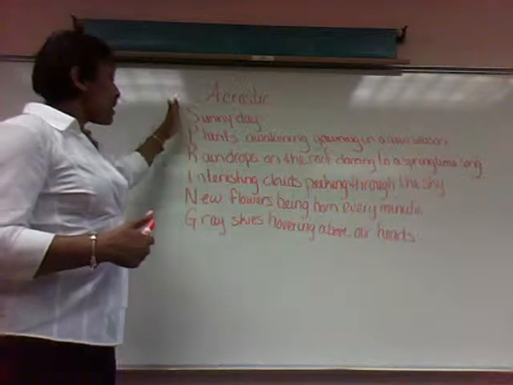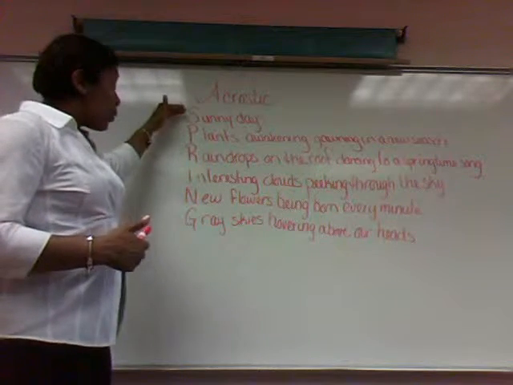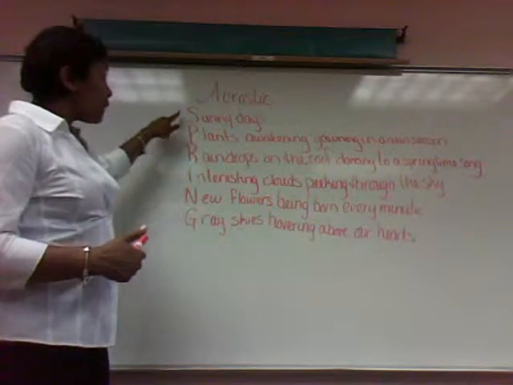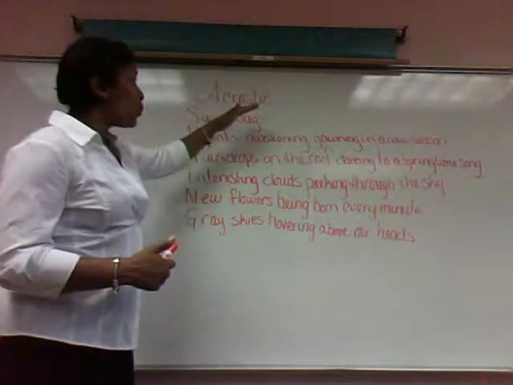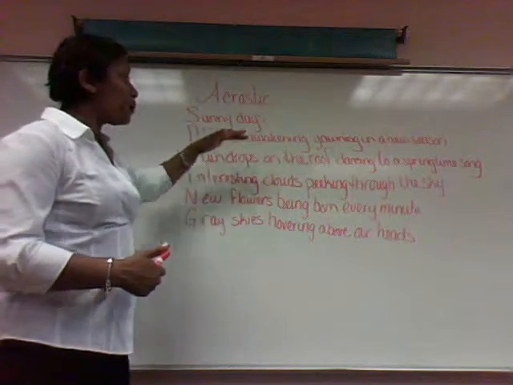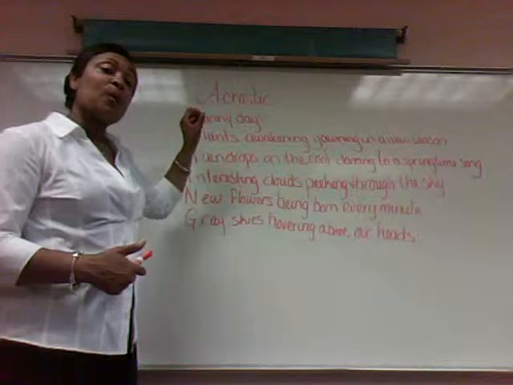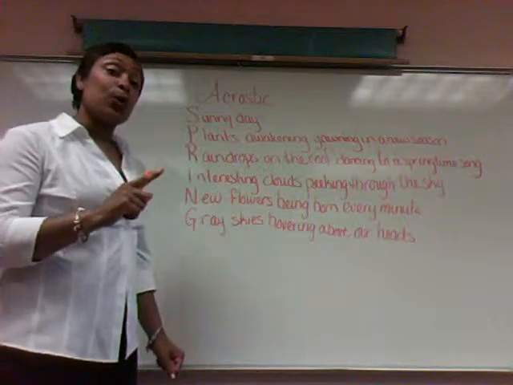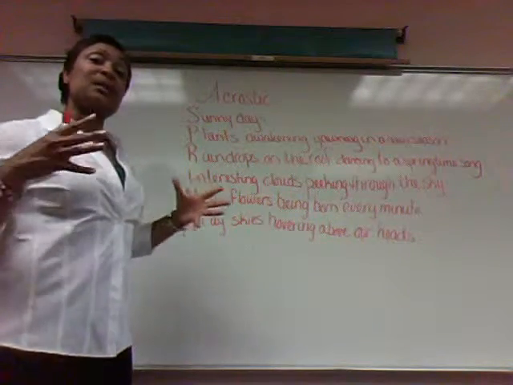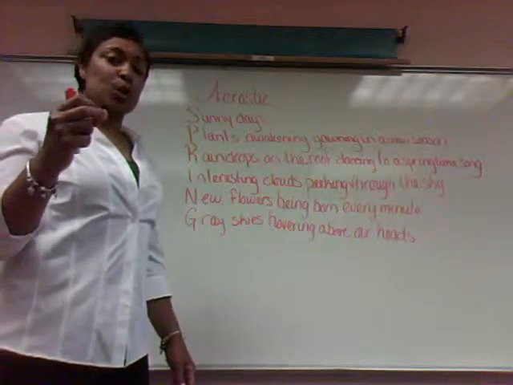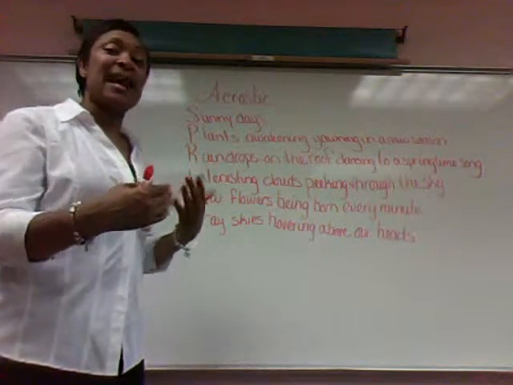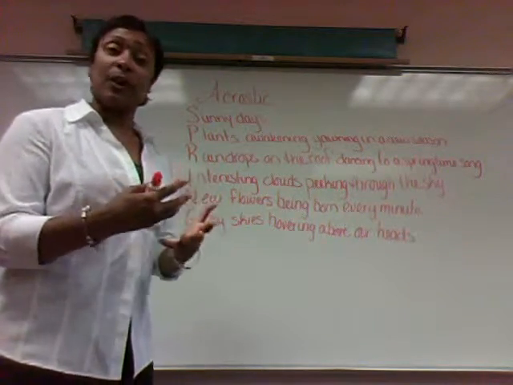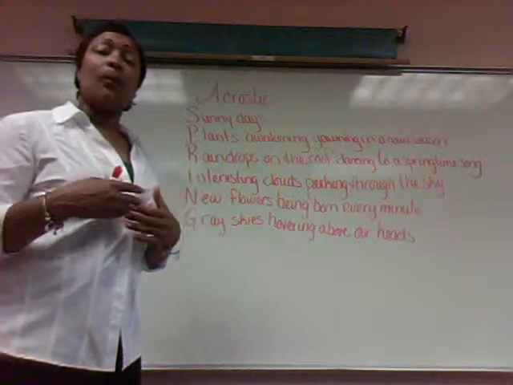So my acrostic is spring, words going vertically. First letter begins the word of each line of our poem. Remember, our lines are not single word lines, but they are phrases that consist of at least two words. But again, we want to add that imagery and that figurative language so that it makes it more clear to the reader.